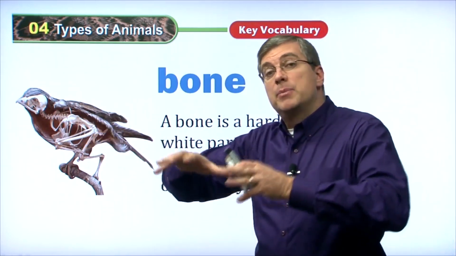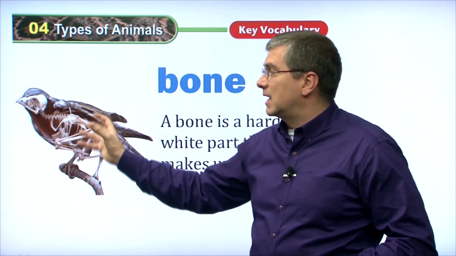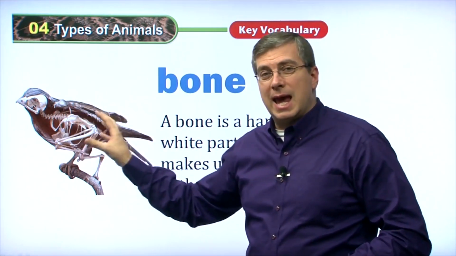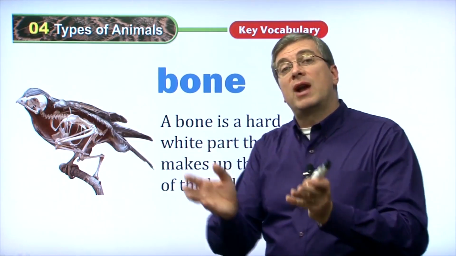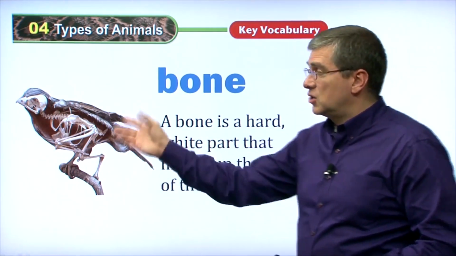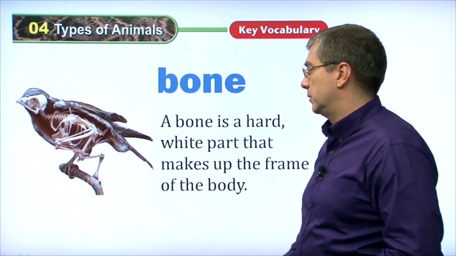So the bones make up the frame of the body, and they support the organs and the skin and everything else that the animal needs to survive. So the bones make up the frame of the body, okay? And not just for birds, but also for us and mammals and many other types of animals, okay?